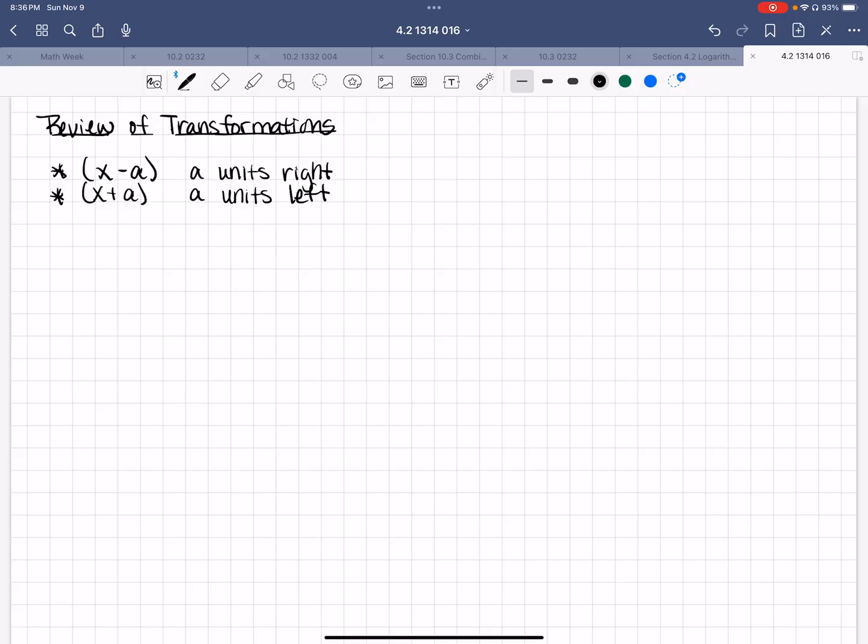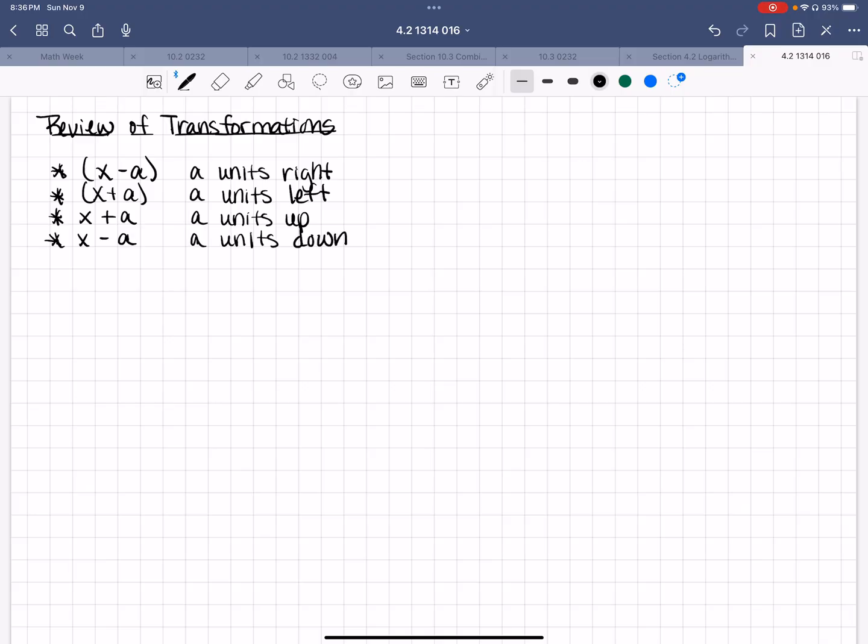Now, let's say it's not inside of the parentheses. Let's say there's x and then we say plus something, or minus something. It's not inside the parentheses. So x plus a, then we're going to go a units up, and then x minus a will go a units down.